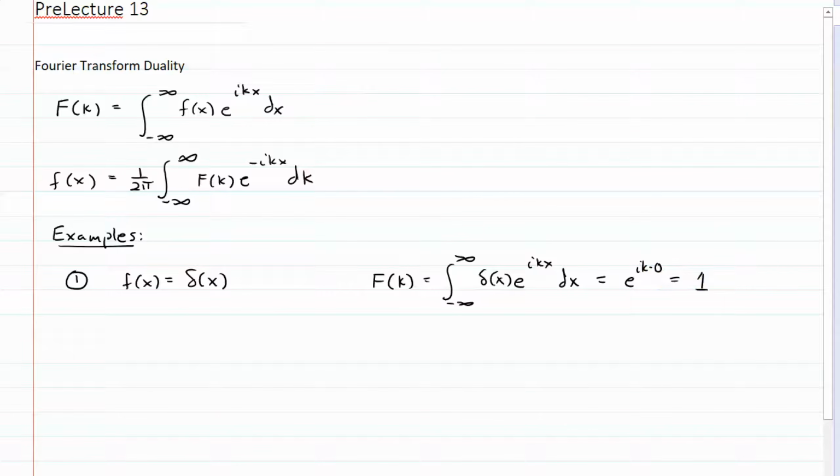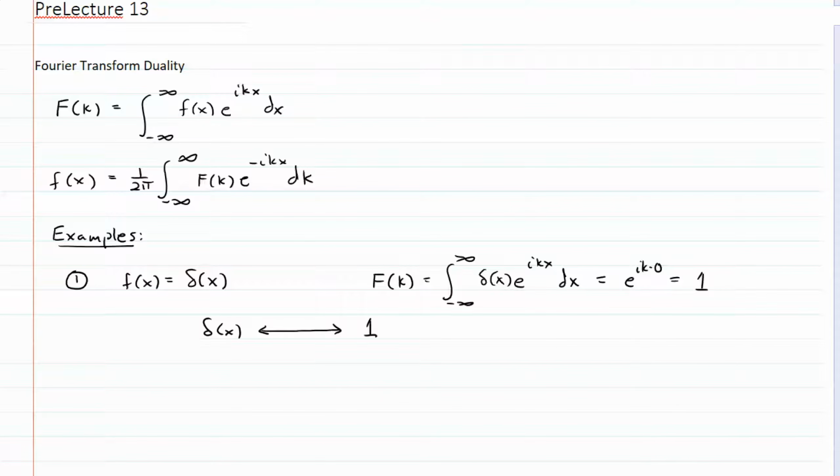So we have one Fourier transform pair, which is that delta of x, I like to write it like this, is a Fourier transform pair with the constant 1. In other words, if I have a delta of x and I take the Fourier transform, I get 1.